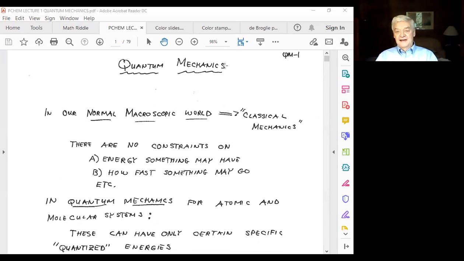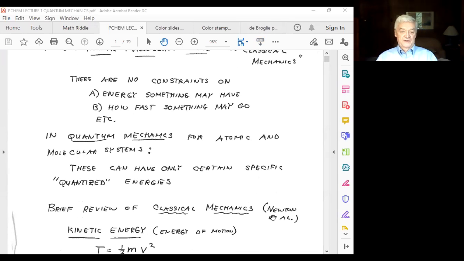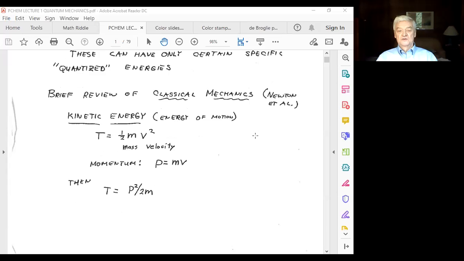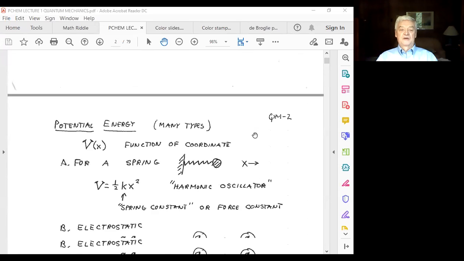Okay, so last time I very quickly wanted us to be reminded about classical mechanics. And so we talked about some of the aspects there. We first looked at some of Newton's laws. So we saw kinetic energy was 1/2 mass times velocity squared. We could also write that as momentum squared over 2 times the mass.